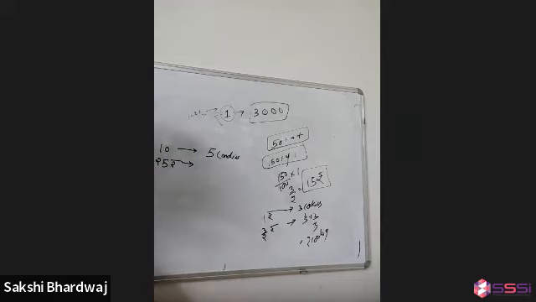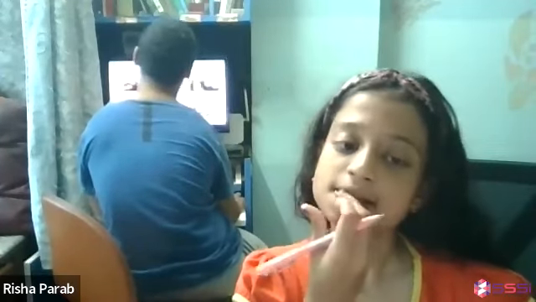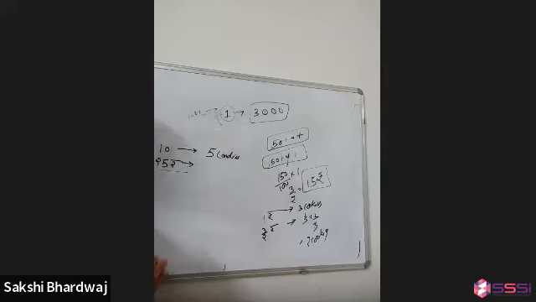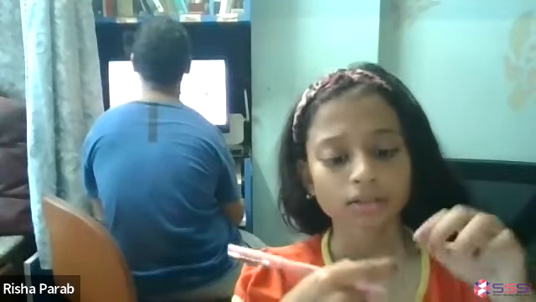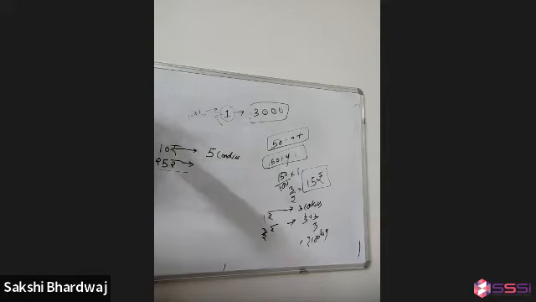You can have 10, 5, 1, 2, 6. What is 1 to 6? In rupees 10, you got 5 candies. That means for one rupee, 6 candies.